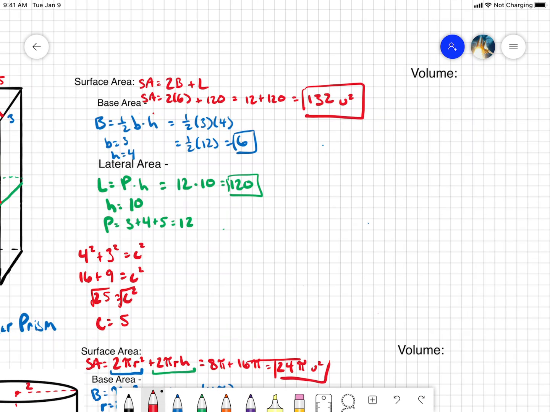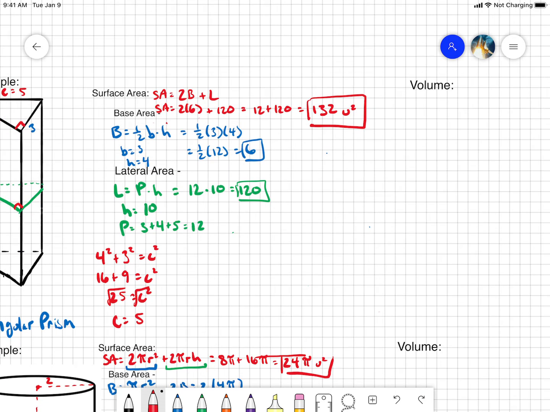So for volume, we know that it's equal to the base area times the height. Well, what's the base area of this thing? Heck, we already found it when we were looking at surface area. We already know what the base area of this is. What is it? It's 6, right?